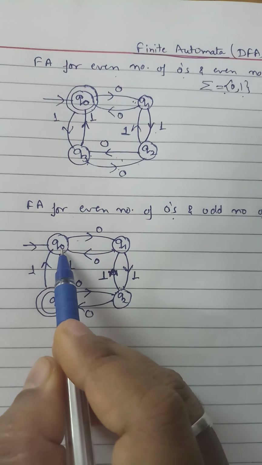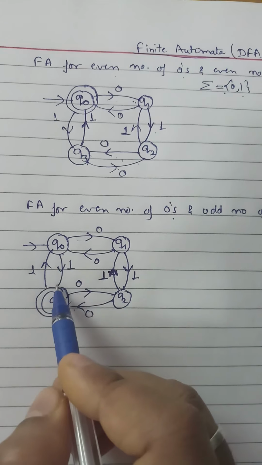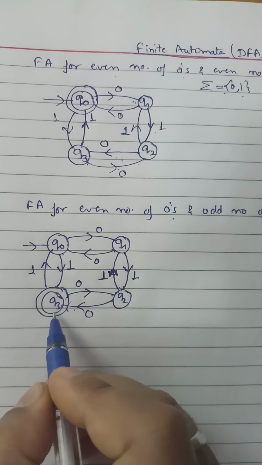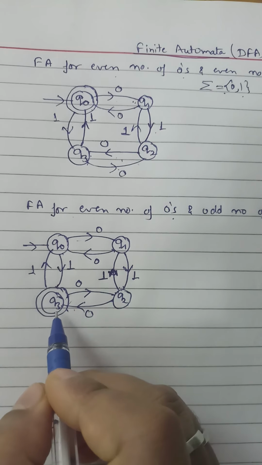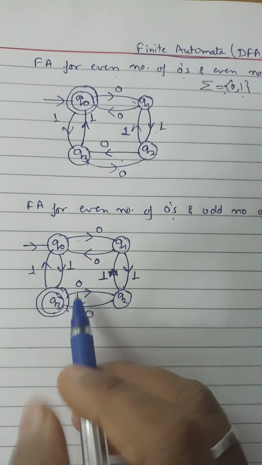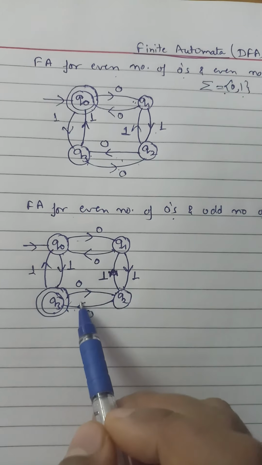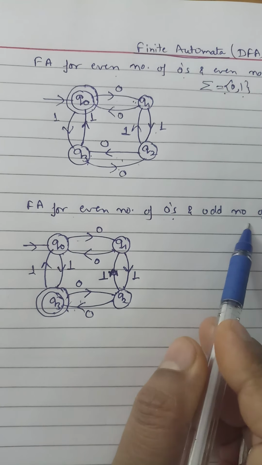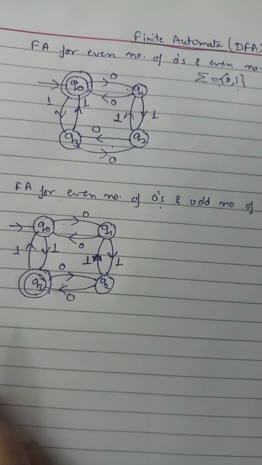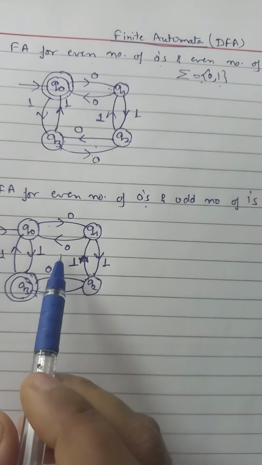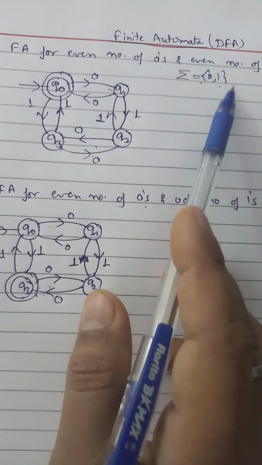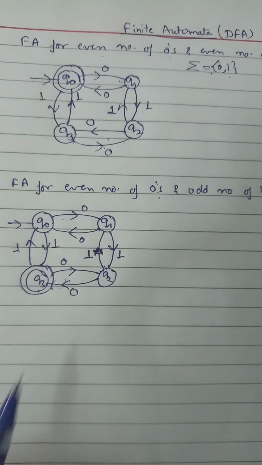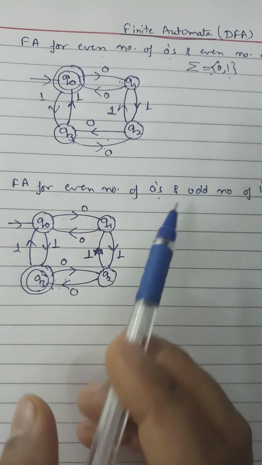And if we move in this way, then we will also get the same thing, odd number of ones and even number of zeros, because we need to stop at Q3 because Q3 is final state. So in all ways this DFA will give us even number of zeros and odd number of ones, and for each and every state we will have single transition for alphabet 0 and 1. So this is the final DFA for even number of zeros and odd number of ones.